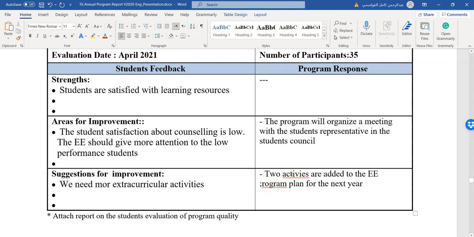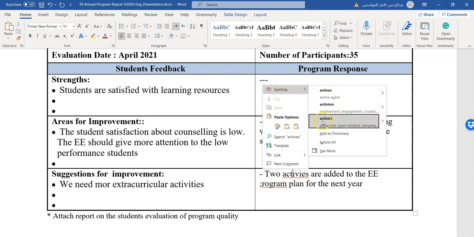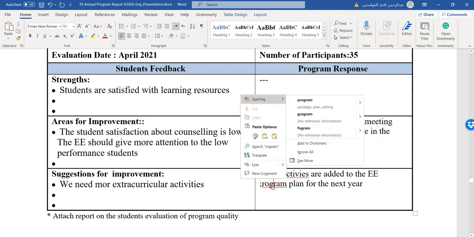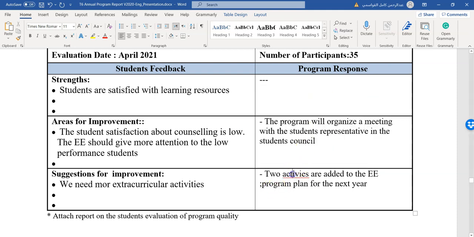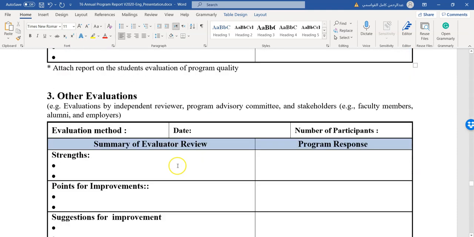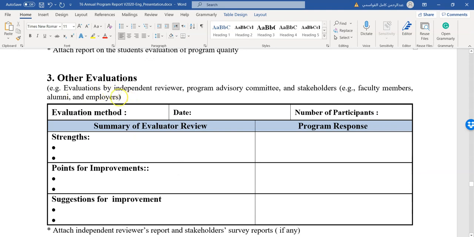So you need to write this is activities and so on. Other evaluation, for example, you have independent reviewer, program advisory committee, stakeholders.